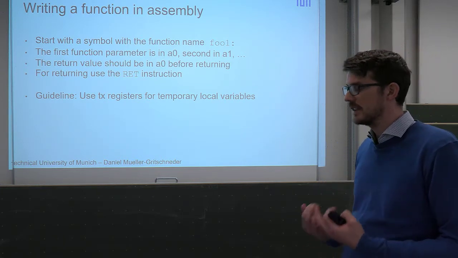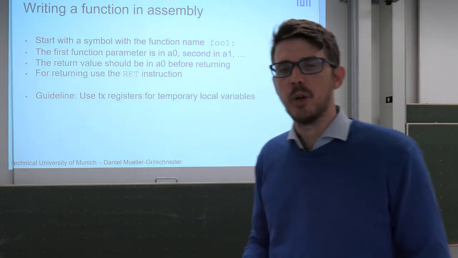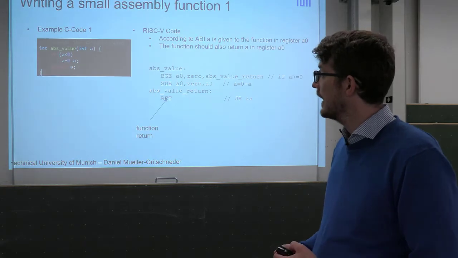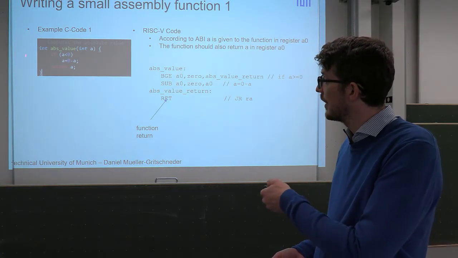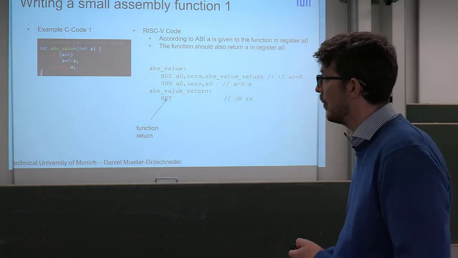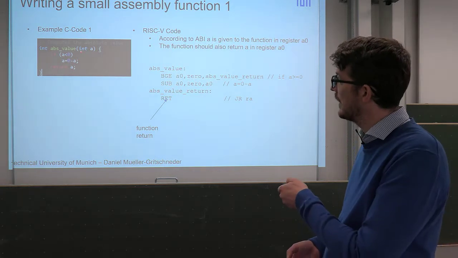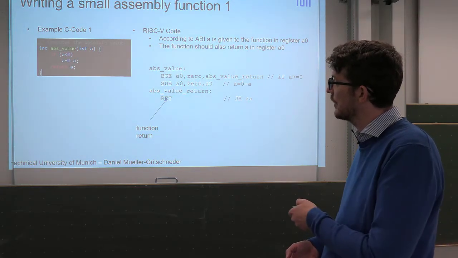Okay, so let's get started and write a few assembly programs just to get an idea how this works. Let's take a first C code example. This is our C code function. What it does is compute the absolute value of the parameter you put in.